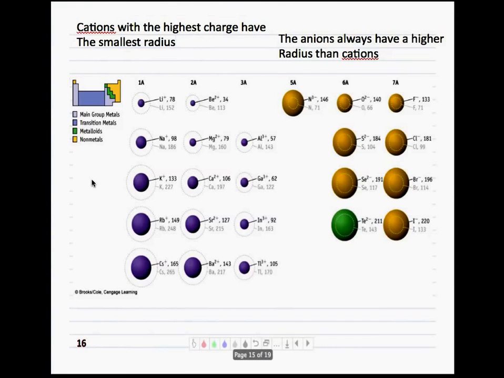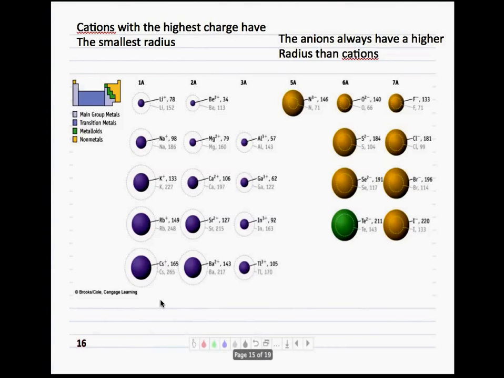And this is another rule of thumb about the cations. So always anions are bigger in radius than cations. Cations, if we're comparing them together, the higher the charge, the smaller the radius.